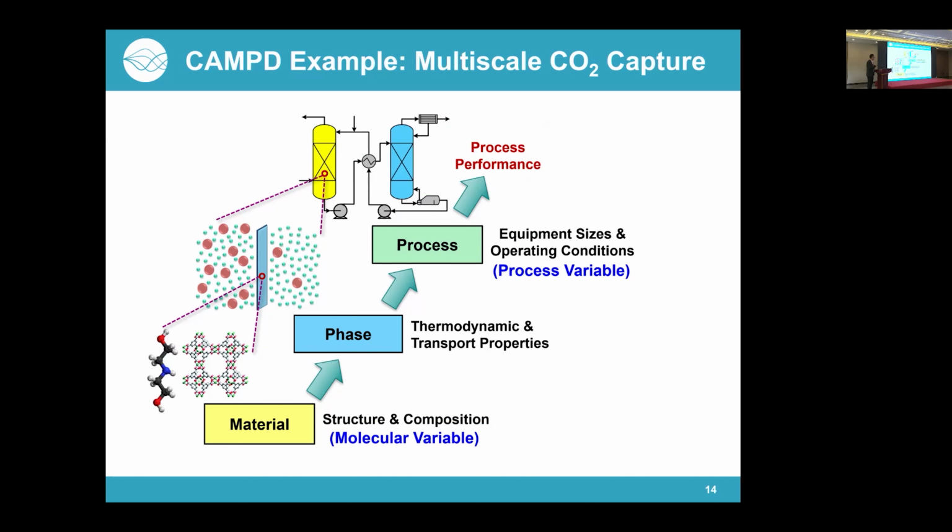Then you go to the phase level, you predict the thermodynamic or transport properties. Then you substitute those properties into the process models. For example, here you also have to design the process variables, for example the sizing and the operating conditions. So these are molecular or material variables, these are property and process variables. You have to design both simultaneously because they have strong interaction.